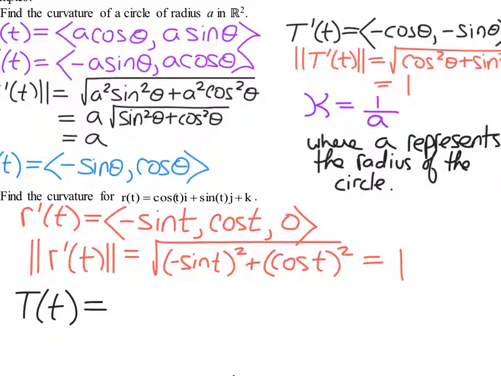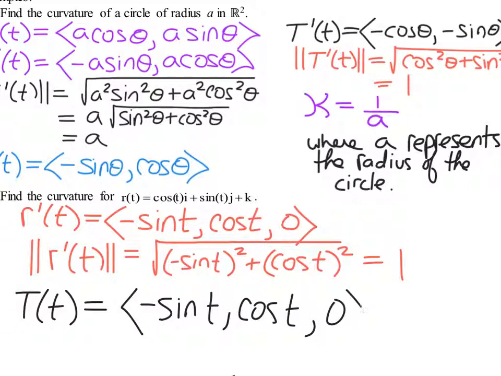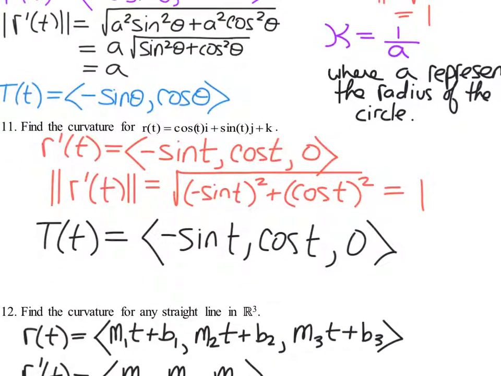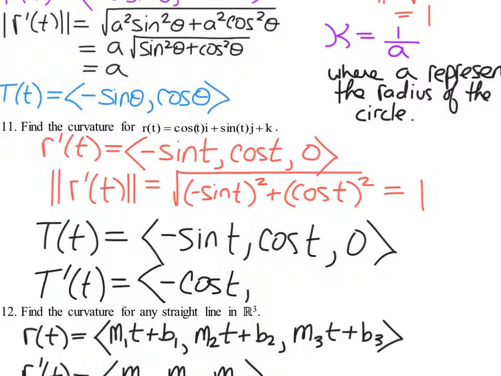So I could have just repeated my r prime of t. And when I go to find the magnitude of that, oh, derivative first, sorry, and then the magnitude, it ends up being a really nice situation. So I get negative cosine t, negative sine t, 0.